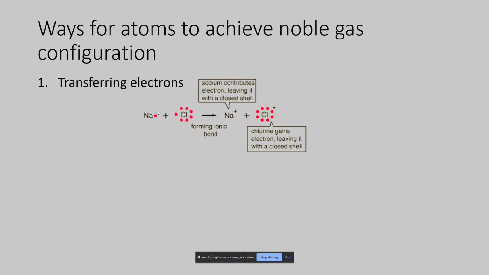Okay, this sodium dia bagi je elektron dia ke klorin. Okay, so sodium ni dah tak ada valence electron and chlorine dapat a full valence electron. So dia happy. This one happy. Sodium pun is actually happy sebab dia punya inner shell dah penuh.